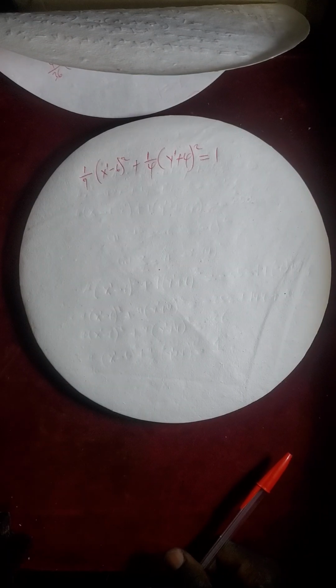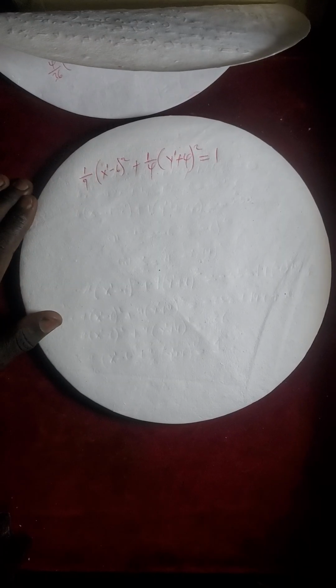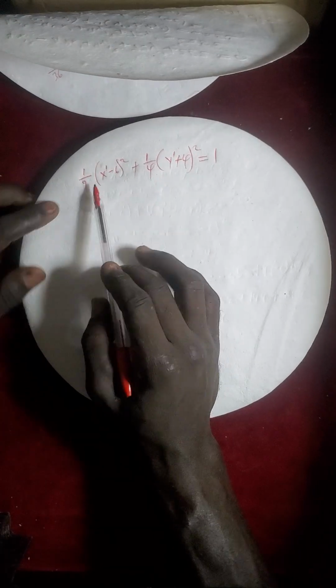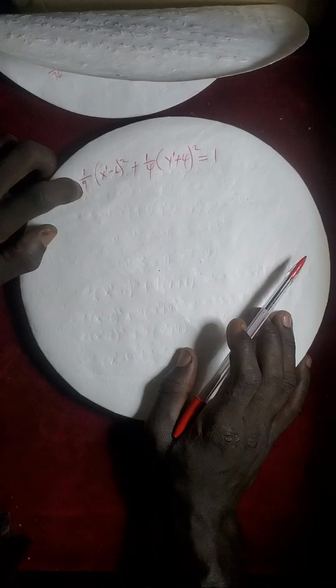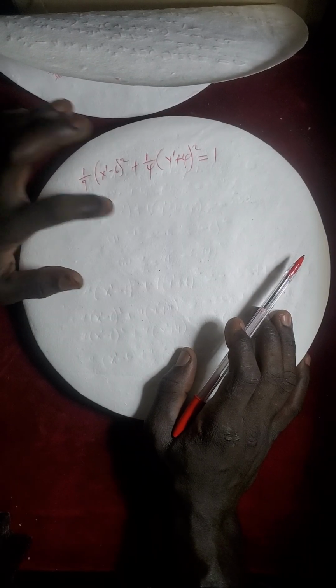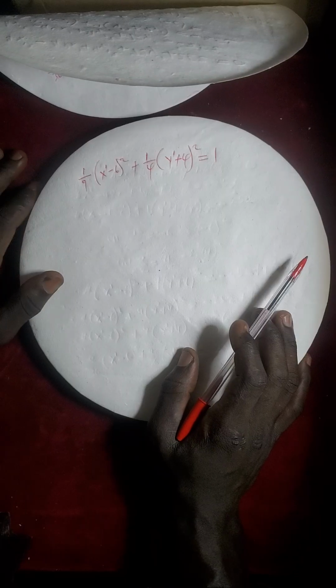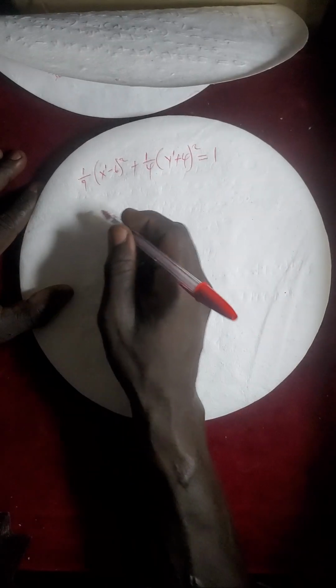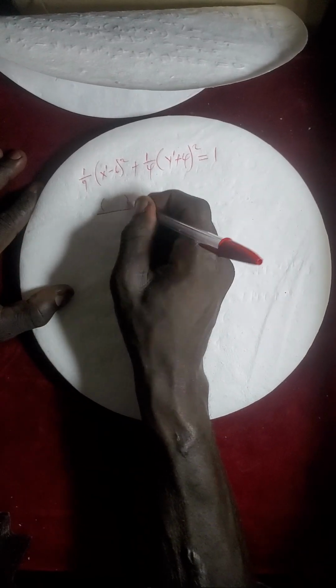So that's the result we're expected to have. As you know me always, too much tactics, too much. So what we are going to do now, when you have a number 1 over 9 or a over b, and you want to take it down, we know the standard equation for the ellipse looks like this. We know it.